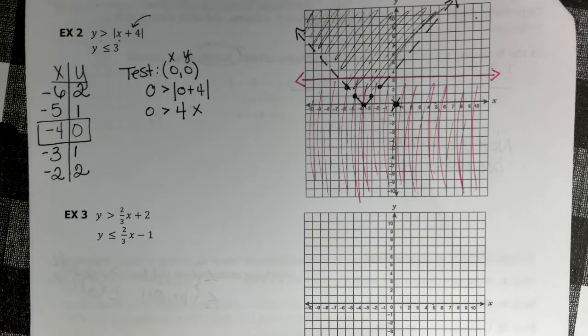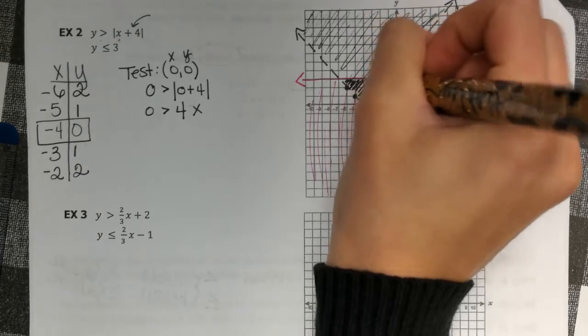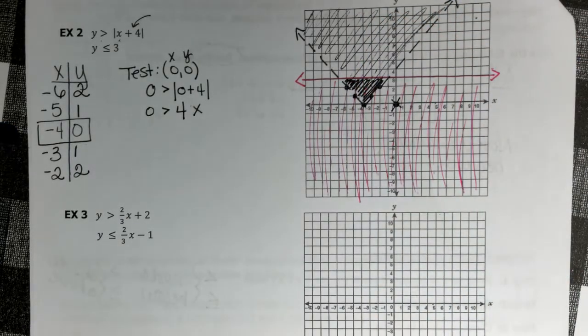So my solution region is really that small little triangle that is formed. Are you good with that?